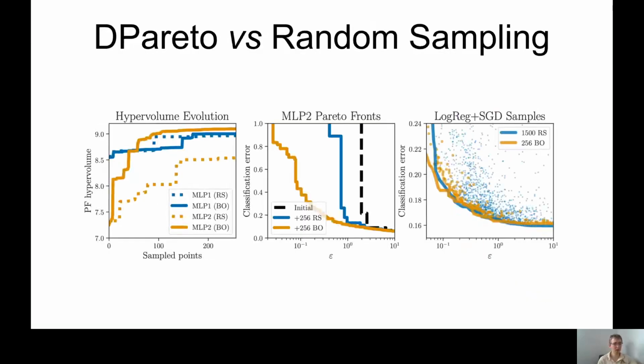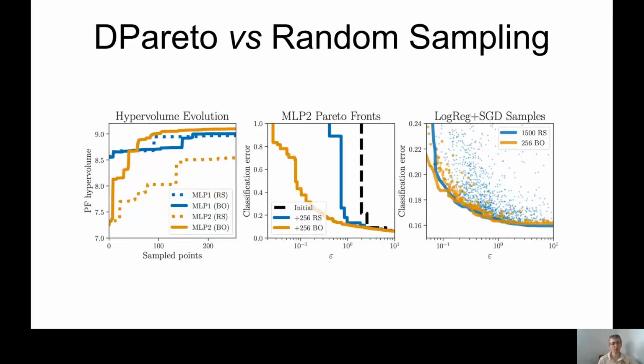So another experiment that we've run is we tried to compare the Pareto front recovered with d-Pareto versus the Pareto front recovered with random sampling. Now, the idea here is that instead of doing any fancy optimization at all, you just pick a number of points at random and build the Pareto front around the results.